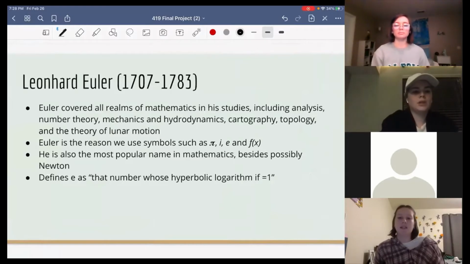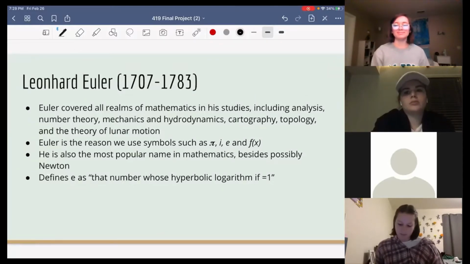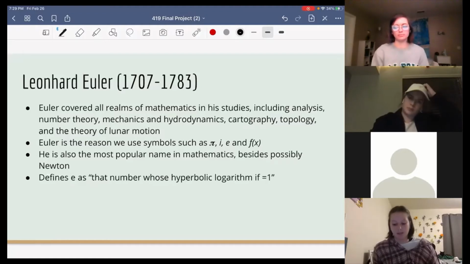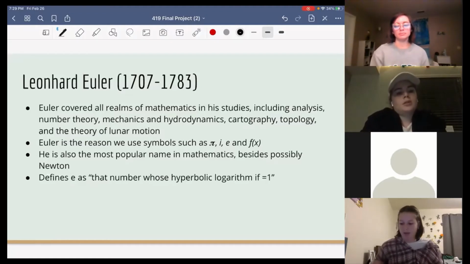In fact, we use e because he thought that a, b, c, and d were commonly used in equations, and so he just used e because it was the next available. And he's also the most popular name in mathematics, besides possibly Newton. And he defined e as the number whose hyperbolic logarithm is equal to 1.